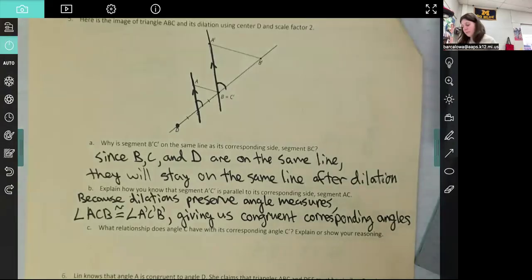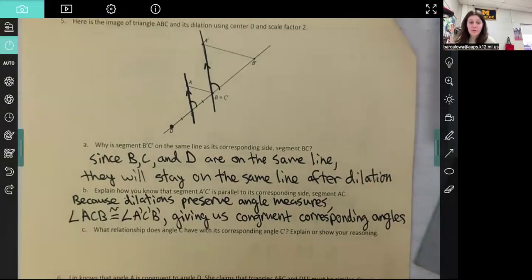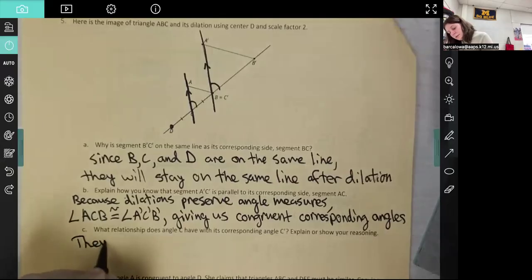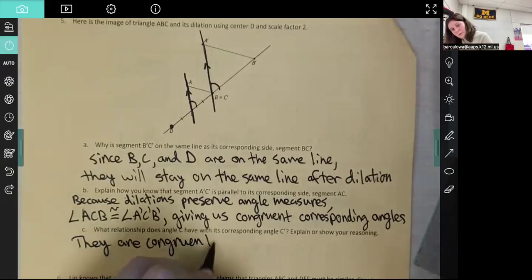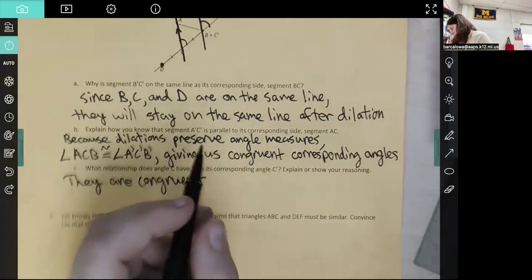All right. What relationship does angle C have with its corresponding angle C prime? They're congruent, right? Whenever we ask what relationship, it's either exactly the same or one's bigger than the other. Okay, they are congruent. Again, how do we know? Because dilations preserve angle measures.